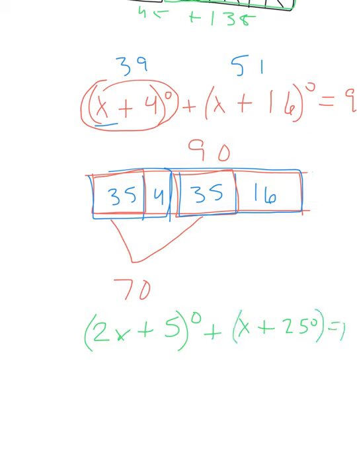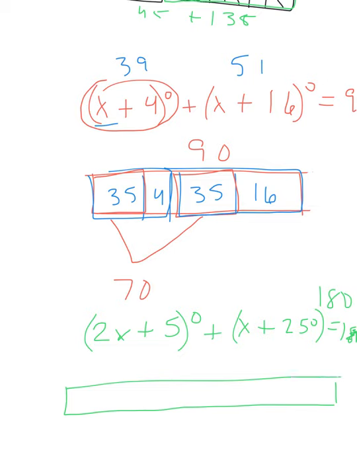And we said these are supplementary angles, so the whole thing equals 180. Sorry, 180, I ran out of space. My fault. So again, think about it as an image. The whole value is 180.